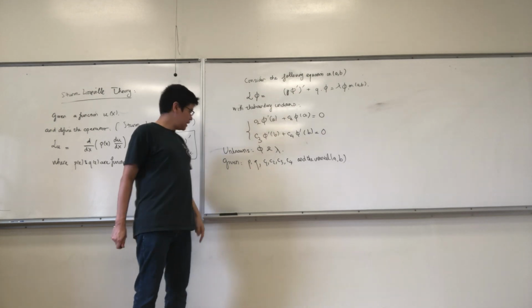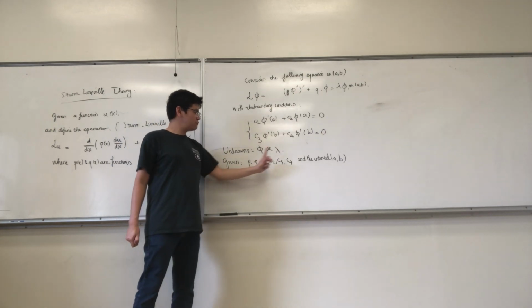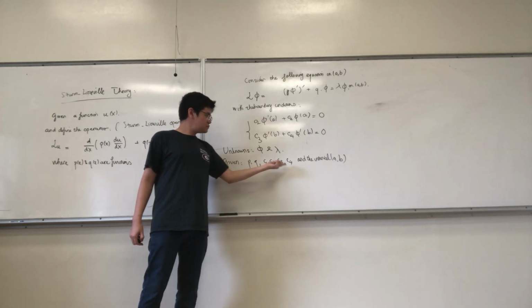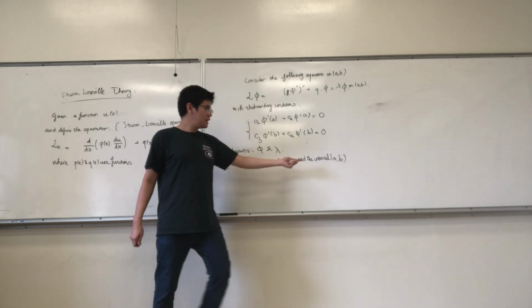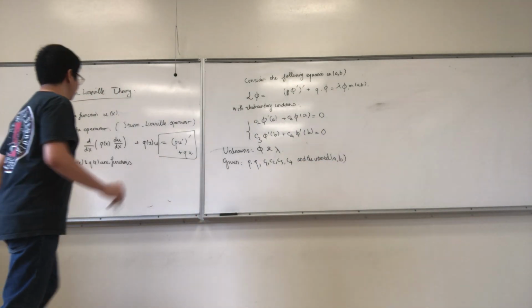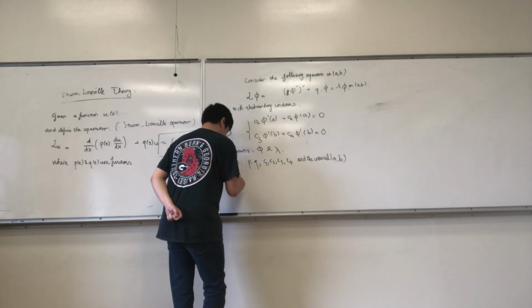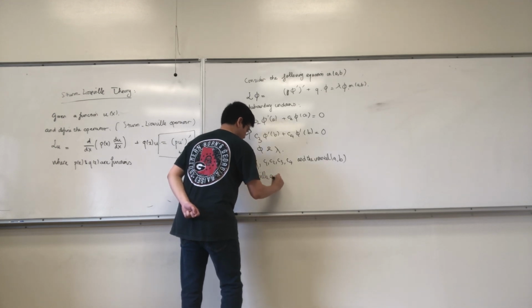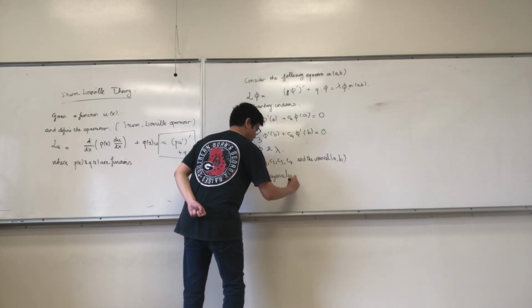And so basically, you solve for phi and lambda. P and Q are coefficients, C1, C2, C3, C4 are constants, and the interval is given. This is the so-called Sturm-Liouville eigenvalue problem.